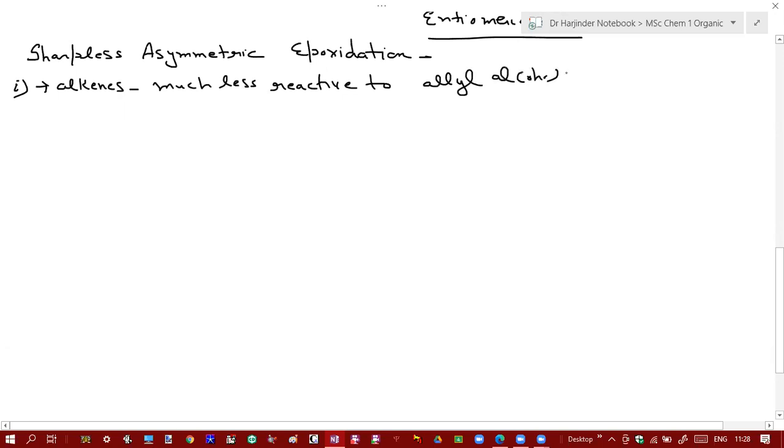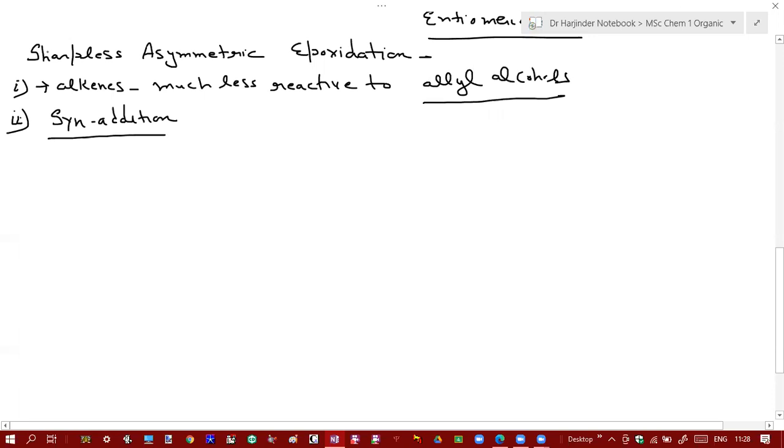So if our substrate is an allyl alcohol, the normal epoxidation process is much less reactive. And second, in normal epoxidation, only syn addition takes place.